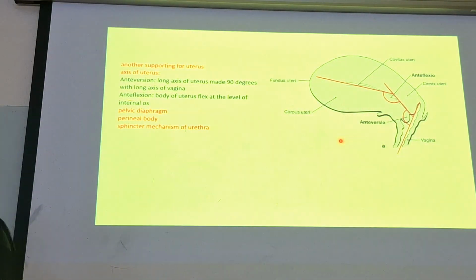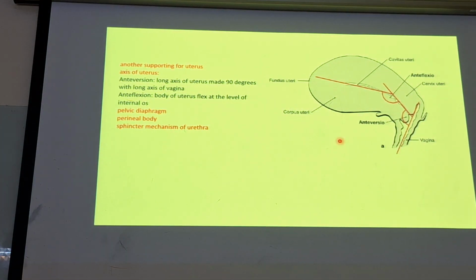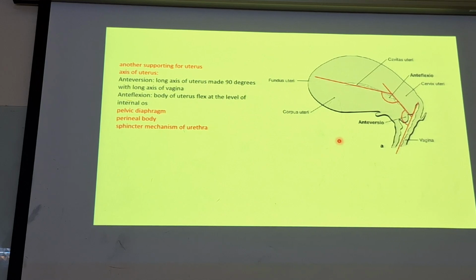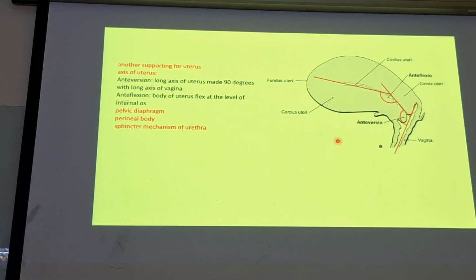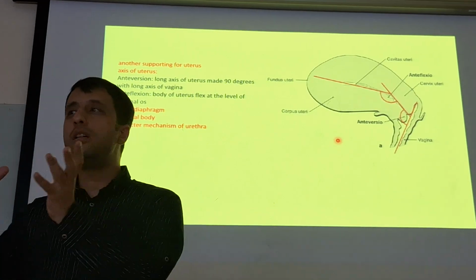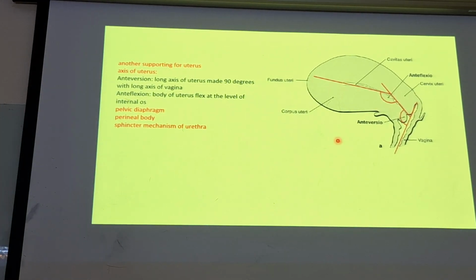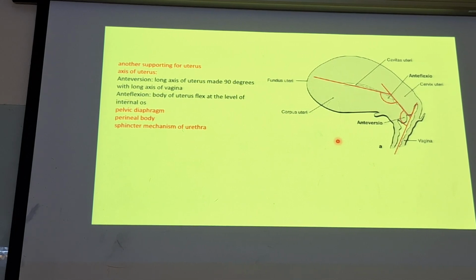What is the function of these ligaments? They support the uterus. Yes, supporters for the uterus. It is a function of every ligament. But also, because the uterus carries the baby during pregnancy, it should have other support.